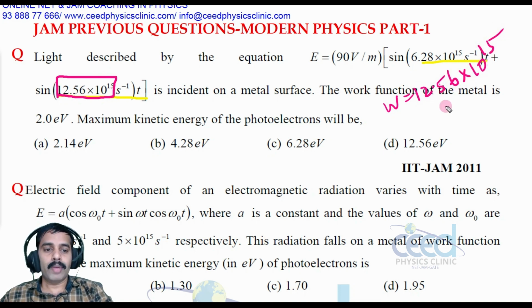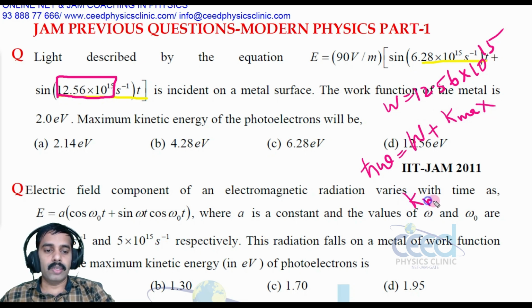So to find the maximum kinetic energy, we have to choose this omega, and now we can apply the relation. When this light falls on the metal surface, its energy is h cross omega, right? That is equal to work function plus maximum kinetic energy, K maximum. Now what is K maximum?